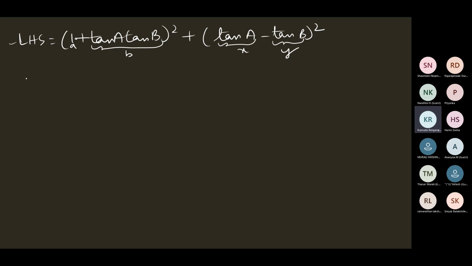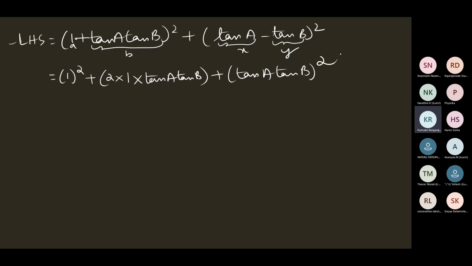So A plus B the whole square. The first bracket is A plus B the whole square: A square plus 2AB plus B square. 2 into A into B is tan A tan B, and this one is B, and B square.